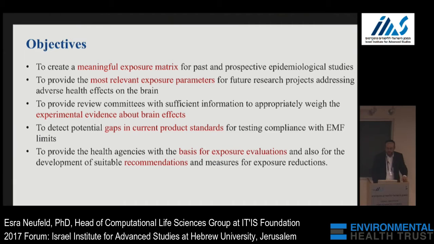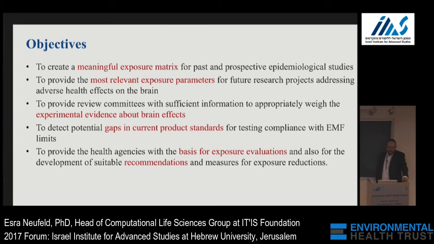And so for that we need to create exposure matrices for the past and also for epidemiological study, where we want to know what kind of exposure have people seen and what are the most relevant exposure parameters that should be measured in the future from now on, so that we have a better database, because frankly the one for the past is pretty poor.